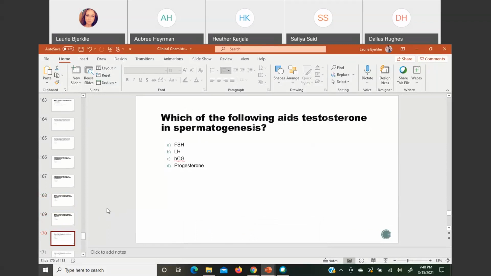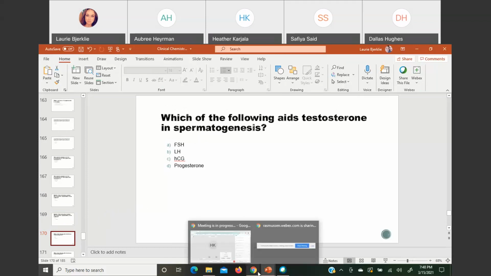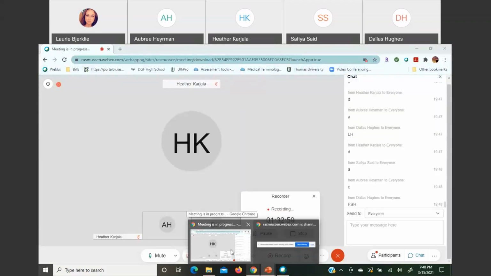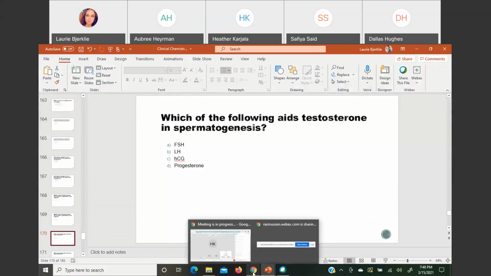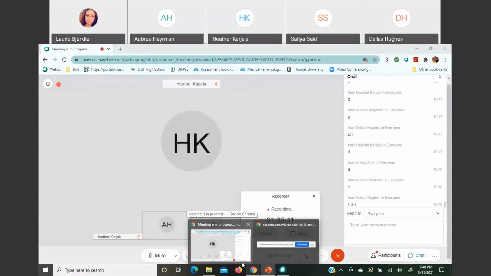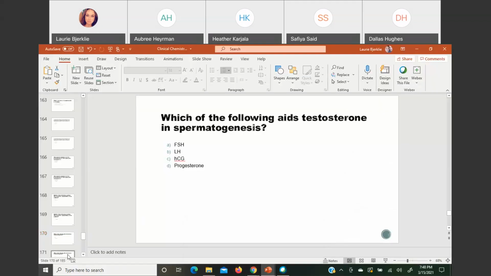Which of the following aids testosterone in spermatogenesis, in the creation of sperm? Which hormone helps do that? Okay, so I think I see a few answers already for this one.